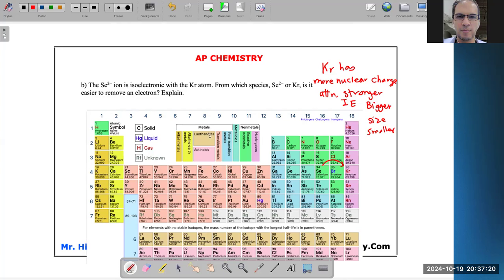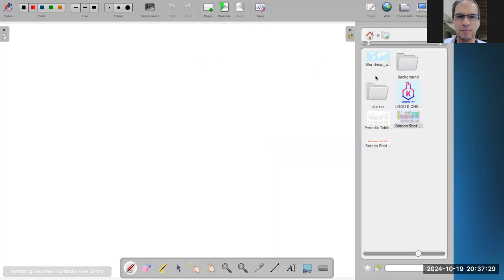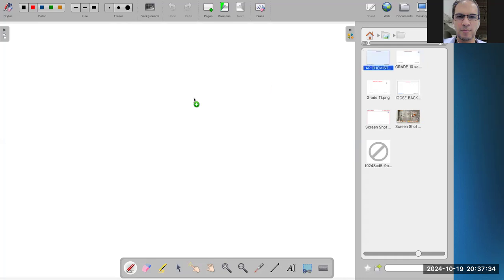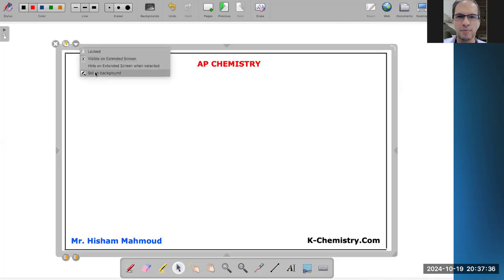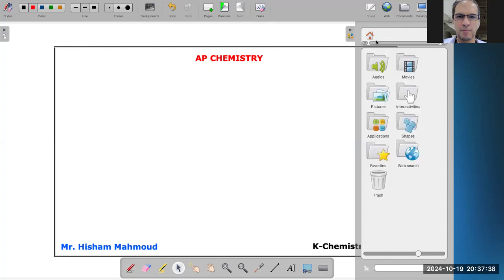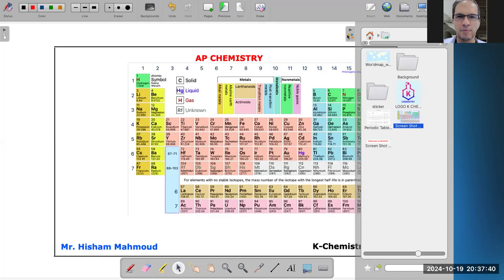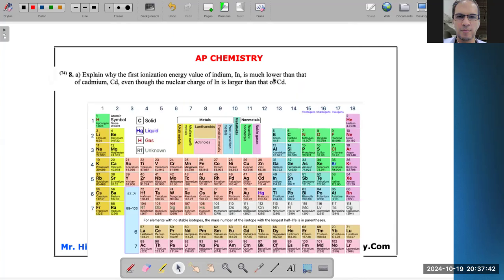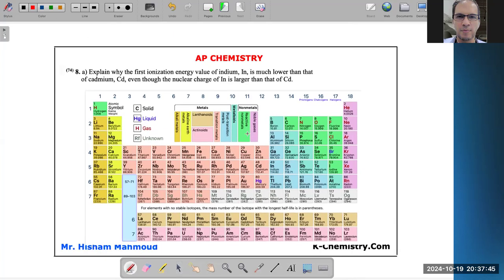Okay. Here, Abdullah, we have the exception of the first ionization energy. We know that there is always an exception between these two groups, so let's see which groups. It says the first ionization energy of indium, where is indium here, and cadmium, where is cadmium, it's here.